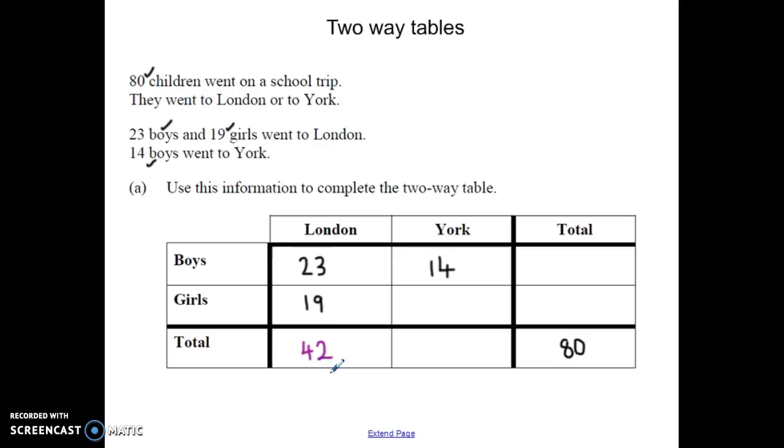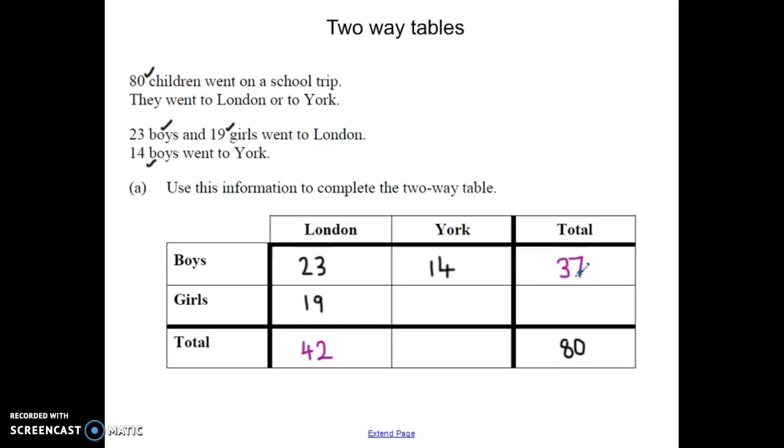So I'll write the 42 in there. And then looking across the row for boys, the London plus the York numbers is going to give me a total down the right hand column. Add those two together, gives me 37.